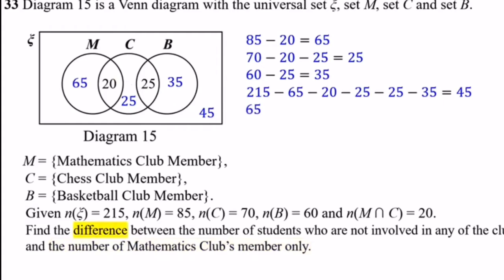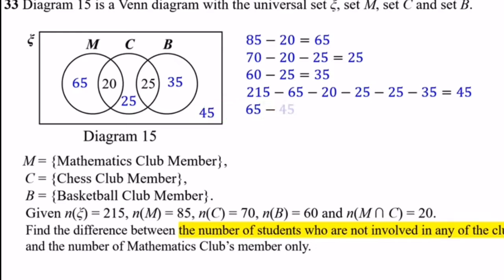Understand? So the final working is you find the difference between 65 and 45, and then you will get the answer, which is equivalent to 20, right? Are you getting 20? You take 65 minus out 45, and then you will get the right answer, because 45 is the number of students who are not joining any of the clubs.